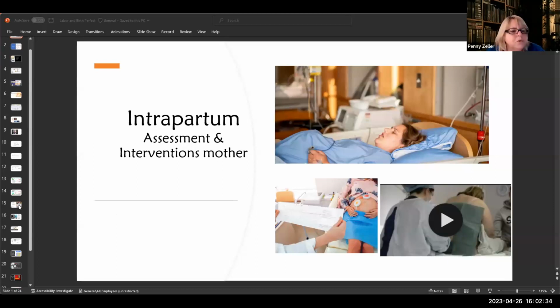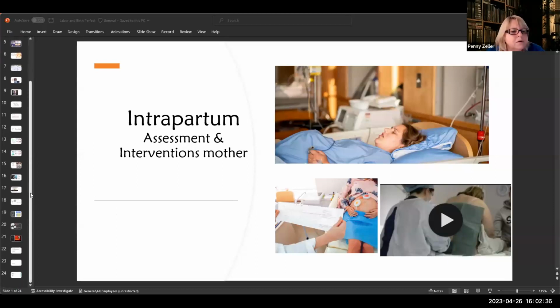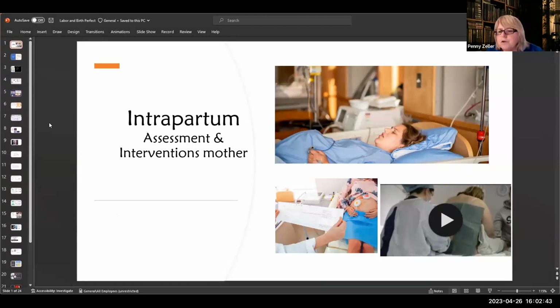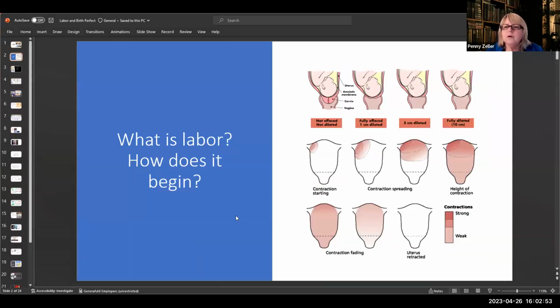So we're going to go through, I don't want to go too quickly. There are 24 slides here. So we're just going to go over a few and then we're going to take a break, okay? So let's talk about our assessments during the intrapartum. What is labor? Labor is regular uterine contractions that are changing the cervix.